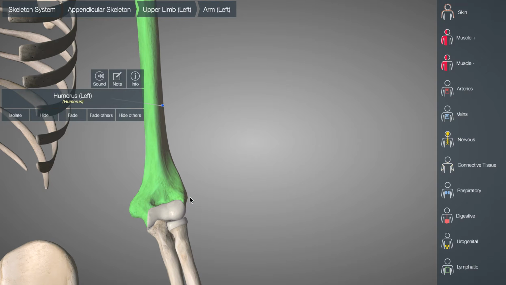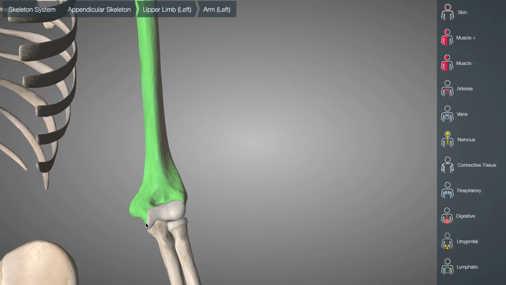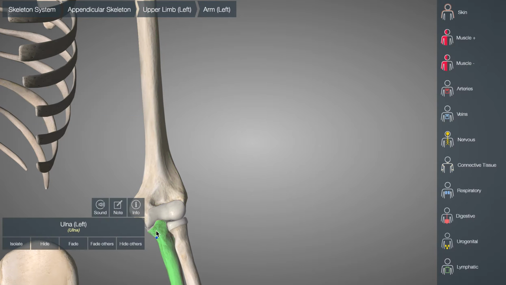You'll also notice that this right over here is a little bit rounded. And what we call this is the capitulum. So the capitulum is actually where the head of the radius kind of goes into the humerus. This other side is called the trochlea. So that's the site where the ulna is going to meet the humerus.